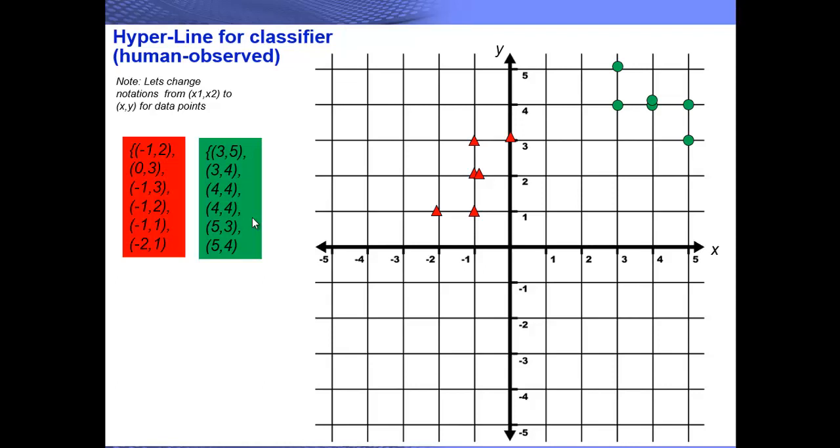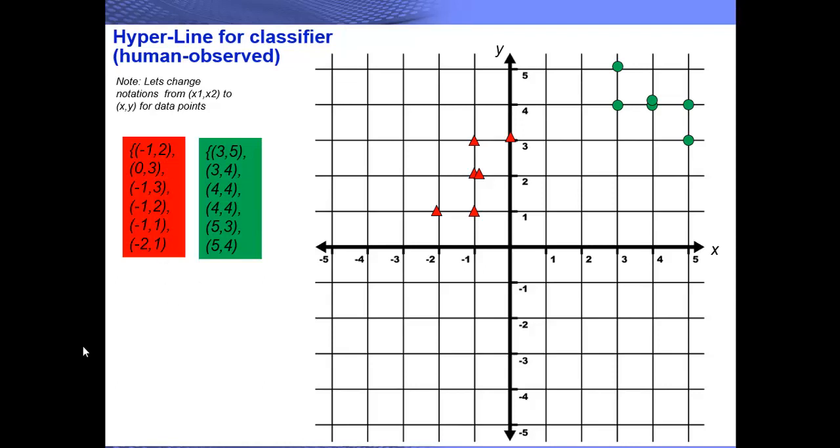So one is with human intervention, solving the problem of deciding the hyperline which separates the two classes, and the other is automatic, mathematically or by using machine learning. Let's start with the first activity, the human activity, where I will decide the hyperline.